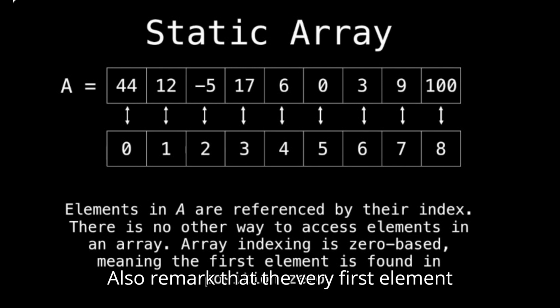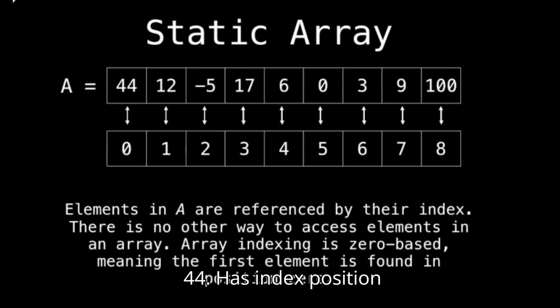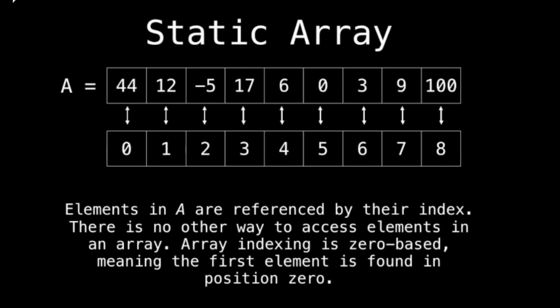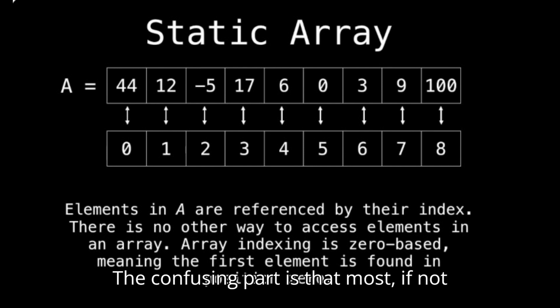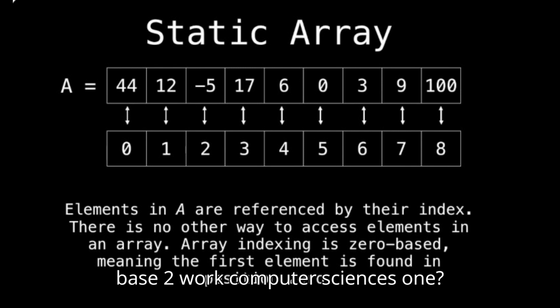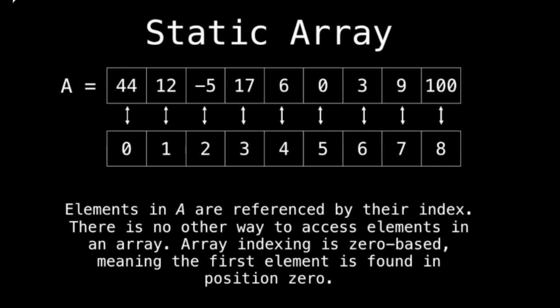Also remark that the very first element 44 has index position 0 in the array, not 1. This confuses many intro computer science students. The confusing part is that most, if not all, mathematics is 1 based, while computer science is 0 based.